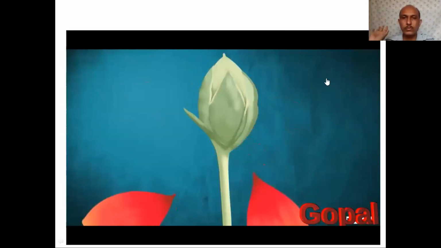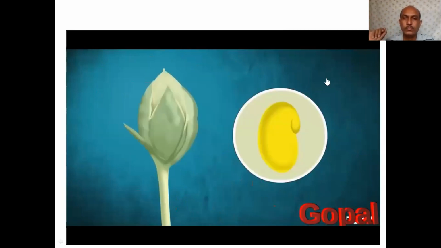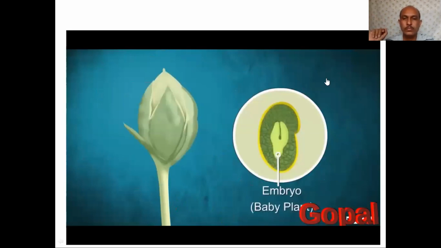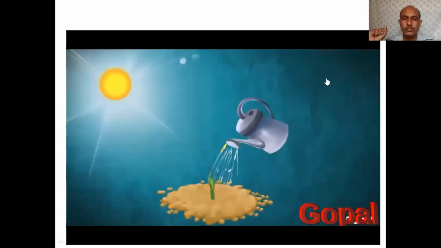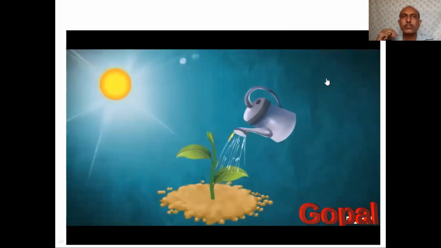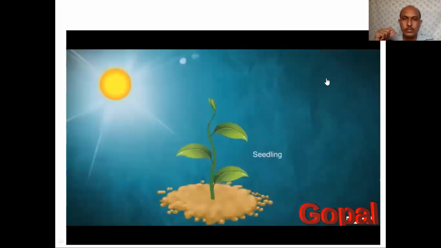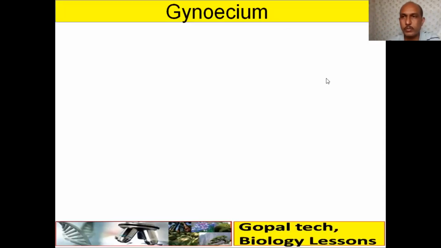Everything is fell down. So, a seed present inside a fruit contains an embryo, which is actually a baby plant. Each time a seed is planted in soil and provided appropriate conditions, it grows into a seedling. Okay, so this is how the complete sexual reproduction takes place.